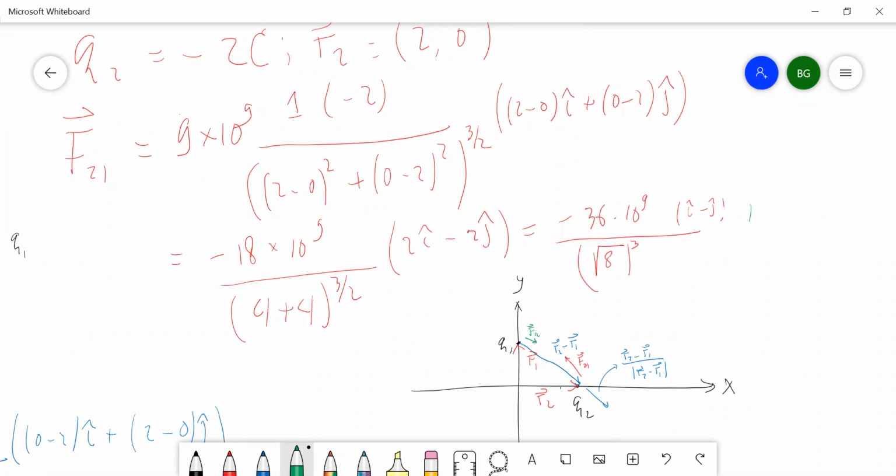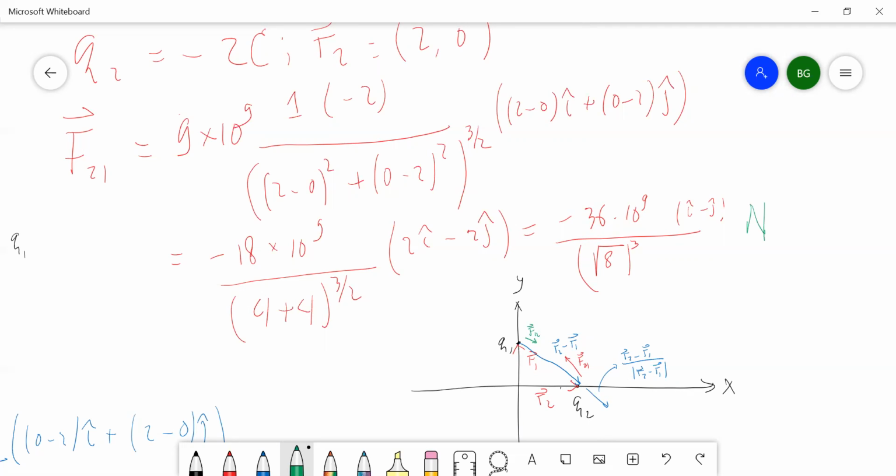So you just finally get everything, I mean the magnitude of this force and also the direction of the force. So it's more efficient if the problem you are asked is to determine the force.